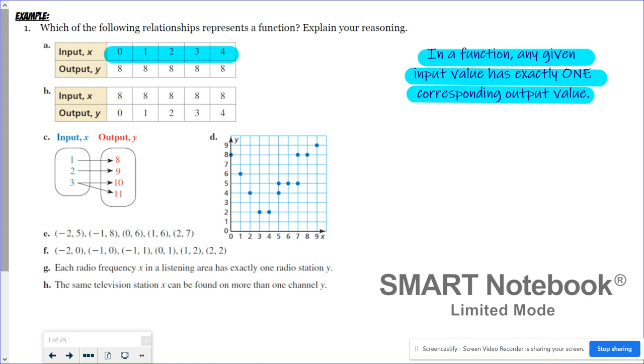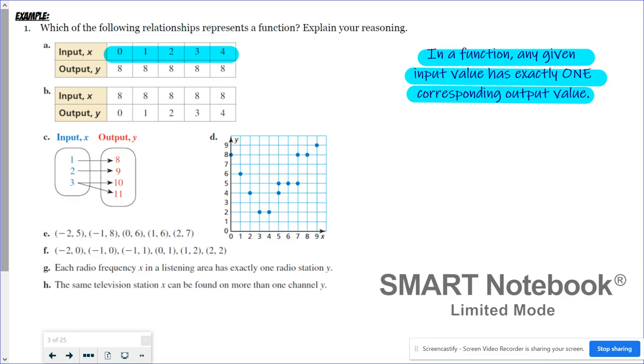If all the input values are different, it's definitely a function, because that means there's only one corresponding output value. So A is definitely a function.